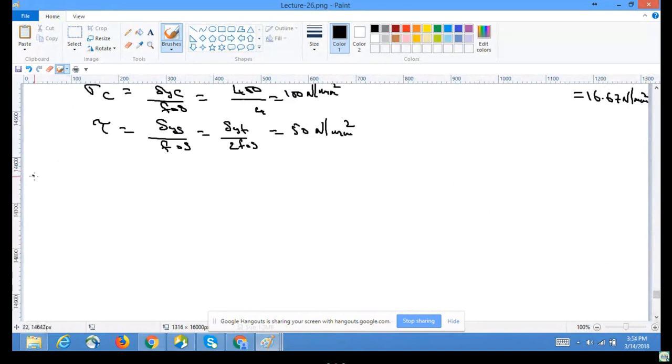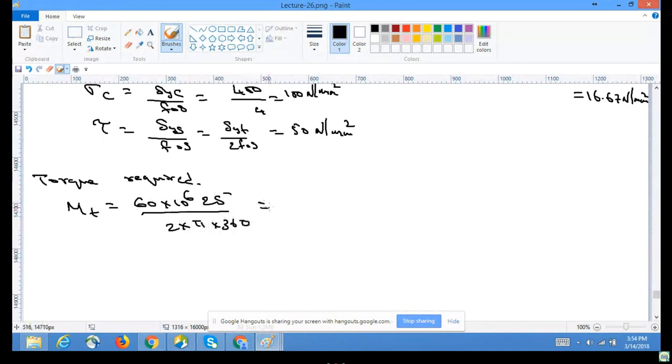So MT is equals to 60 into 10 power 6 times the kilowatts, which are 25, with an RPM of 360, will give us 663,145.6 Newton mm, and the shear stress tau is given as 16 MT by pi d cube.